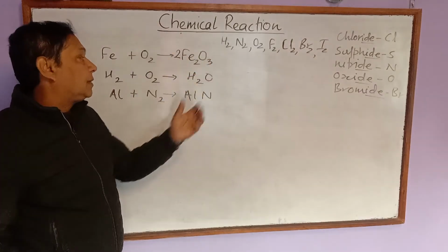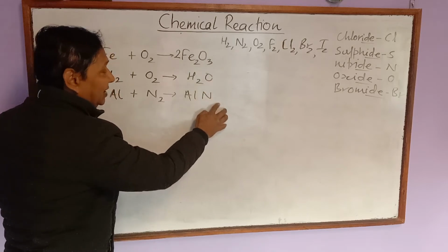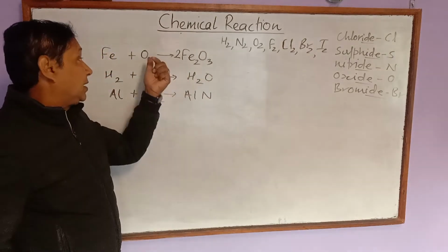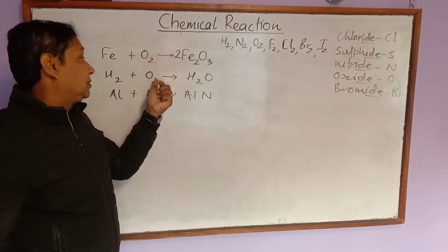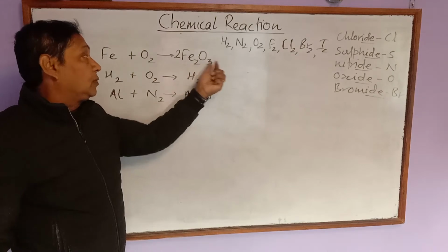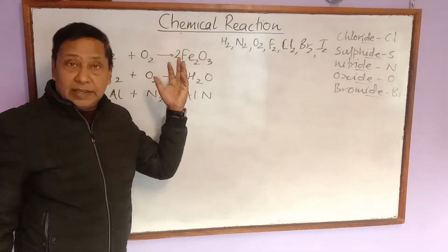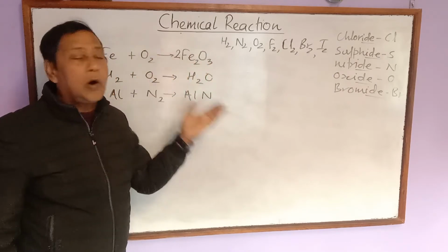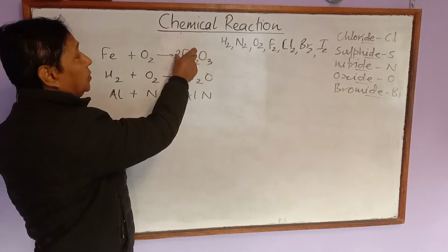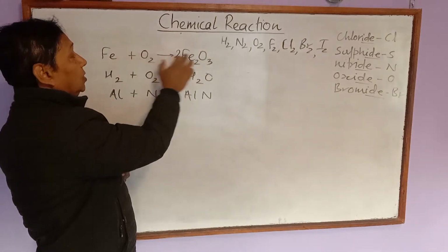We never write any number at the bottom part while balancing, because at the bottom part, if the element is diatomic, then we will write 2. And in the bottom part, when we exchange the valency, the exchange of valency may give some number. Otherwise, while balancing the equation, we have to put the number just in front of that element or compound. That's why here it is 2, here it is 3.